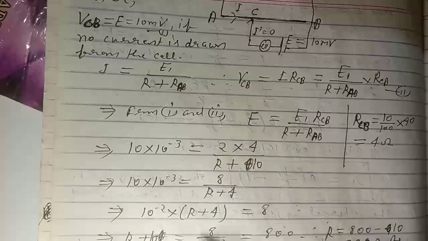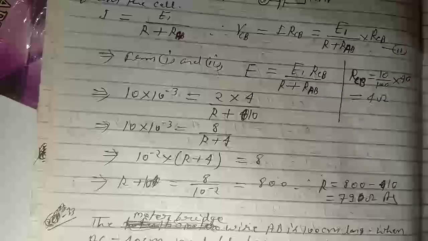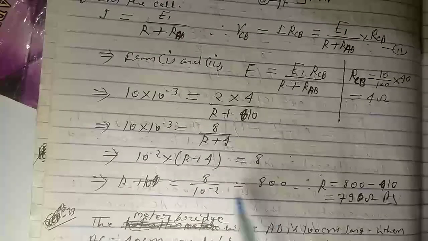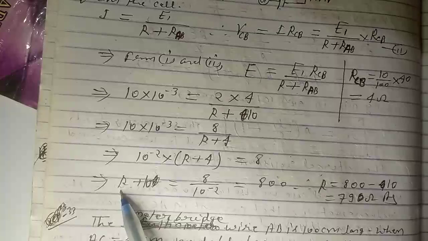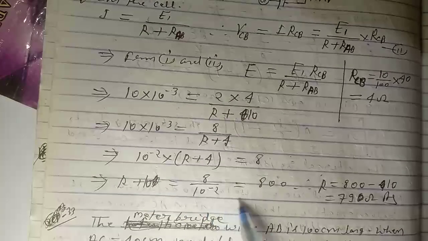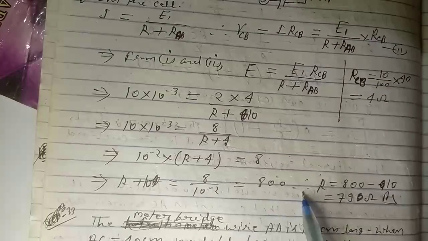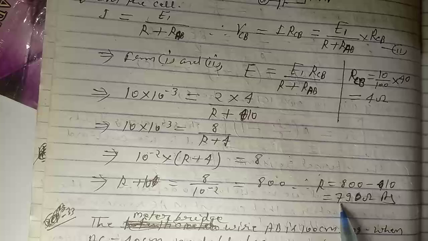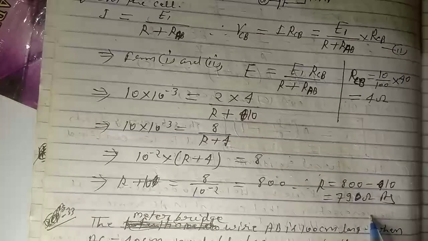Solving it, finally we get 10 to the power minus 2 into R plus 10 equal to 8, which implies R plus 10 equals 8 by 10 to the power minus 2, equal to 800. Hence R equals 800 minus 10, equals 790 ohm. Answer.